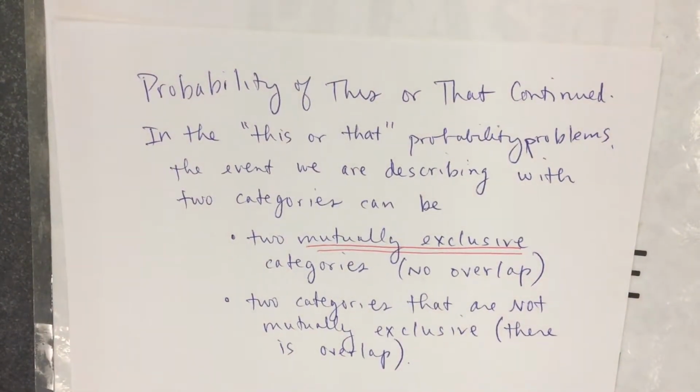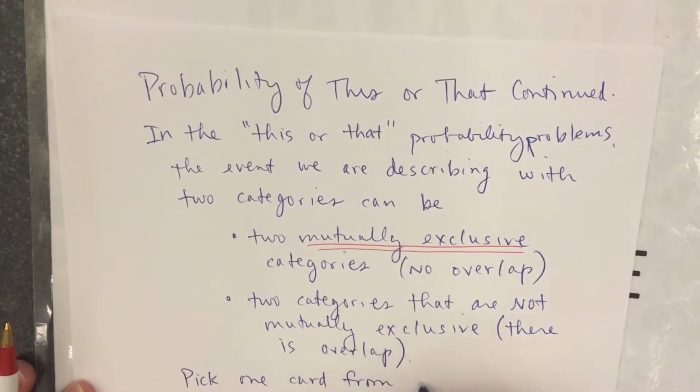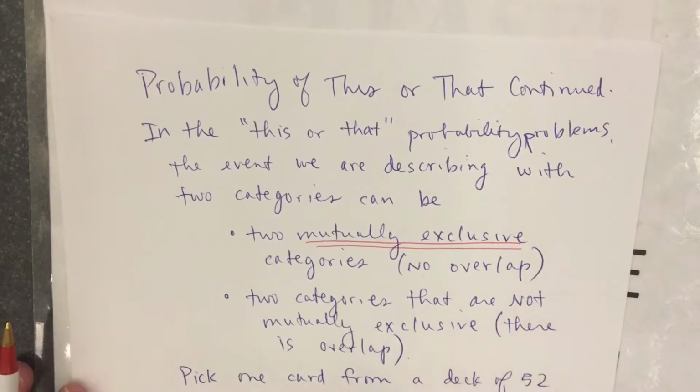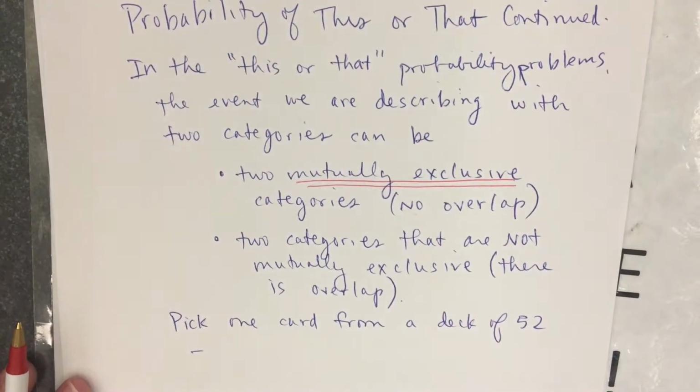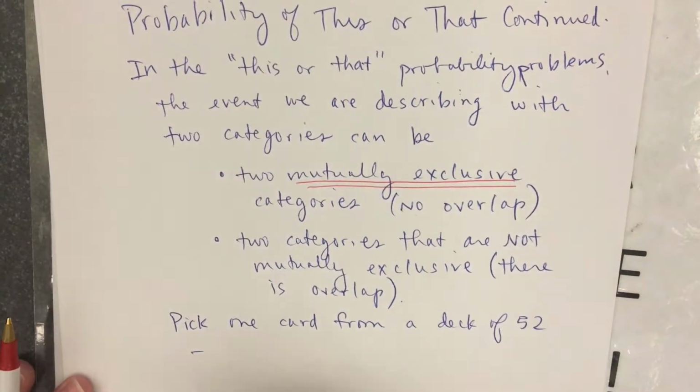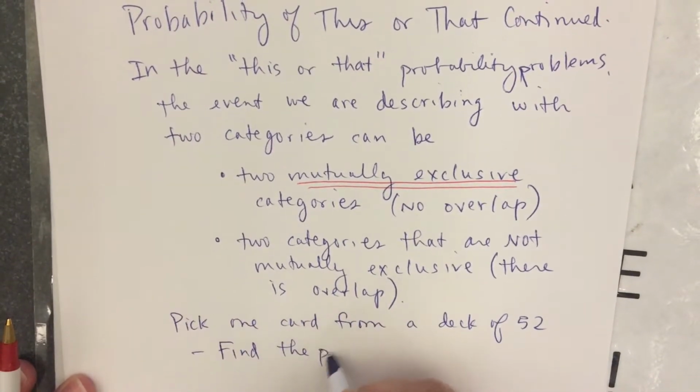My two previous examples would be the pick a card, pick one card from a deck of 52. So we had this question, find the probability the one card is a 2 or a 3.